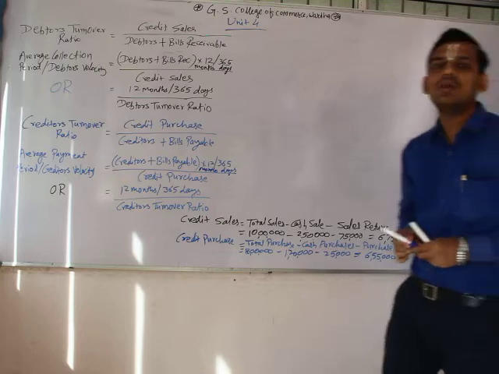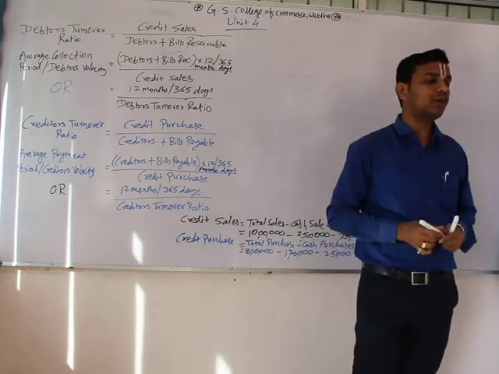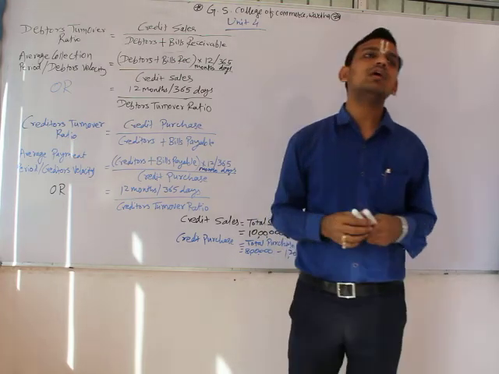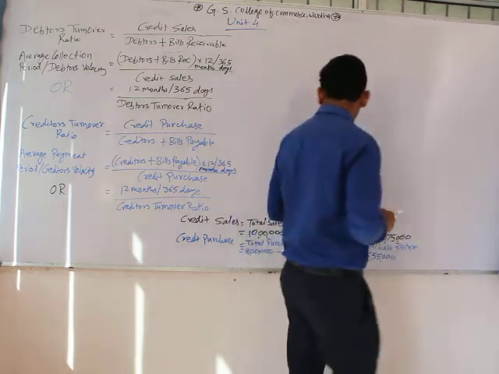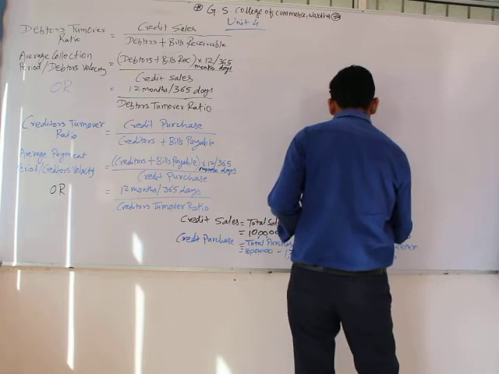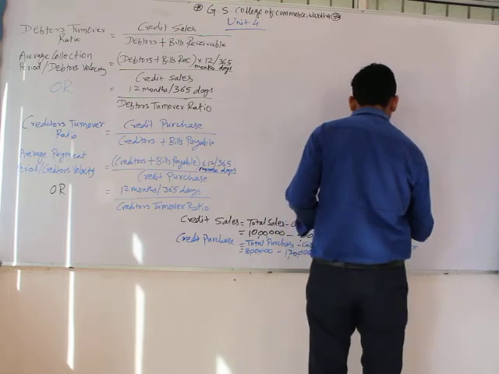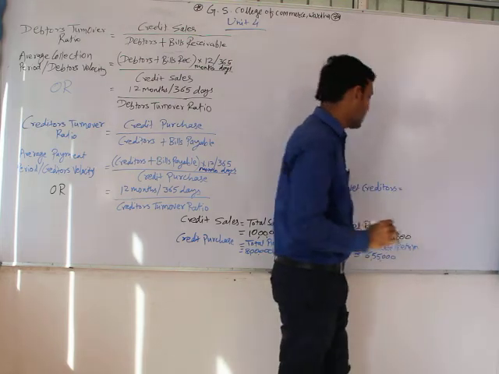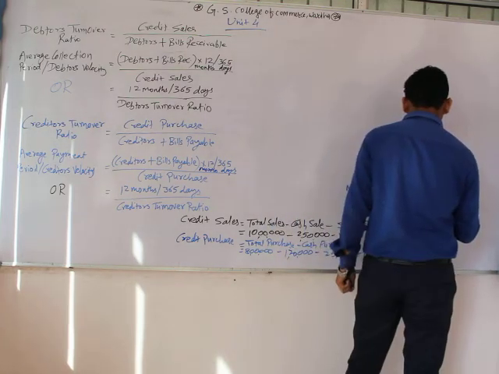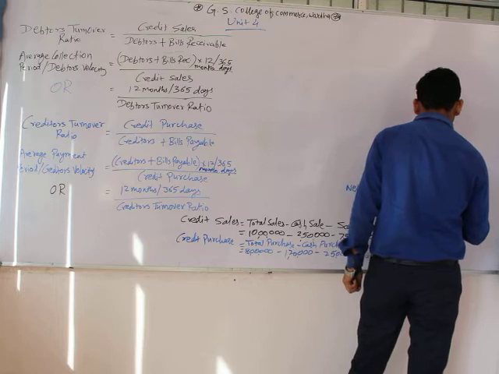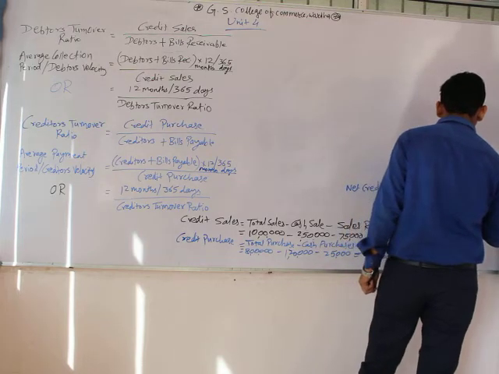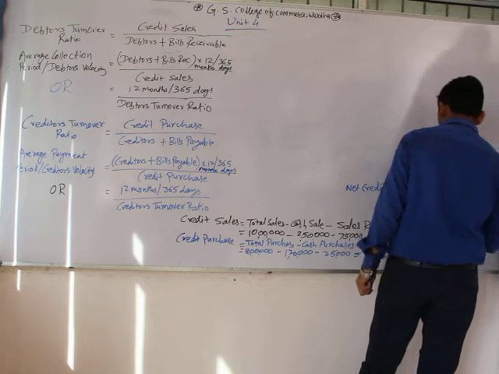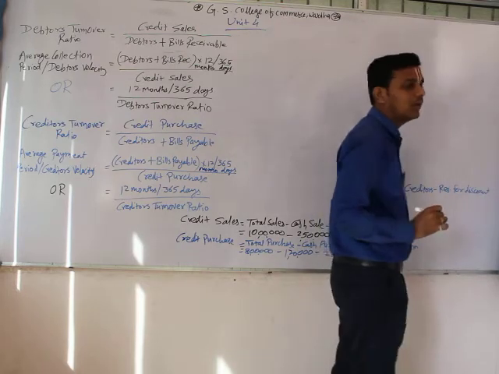Another thing which is given in the question which we would need to prepare is for the creditors. As there is reserve for discount given in the question, we would need to calculate net creditors. Net creditors is equal to creditors minus reserve for discount on creditors.